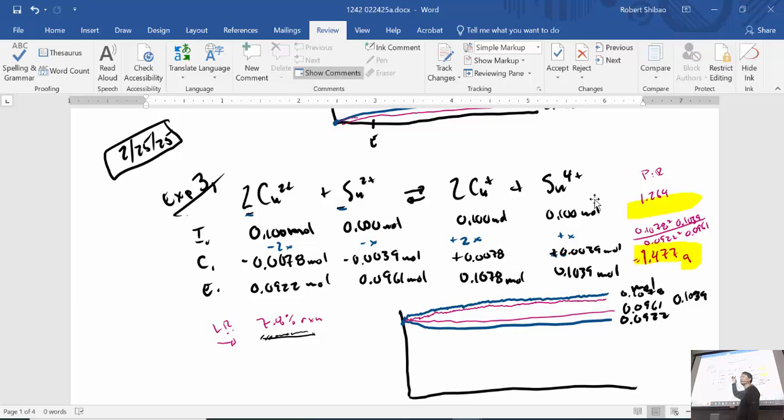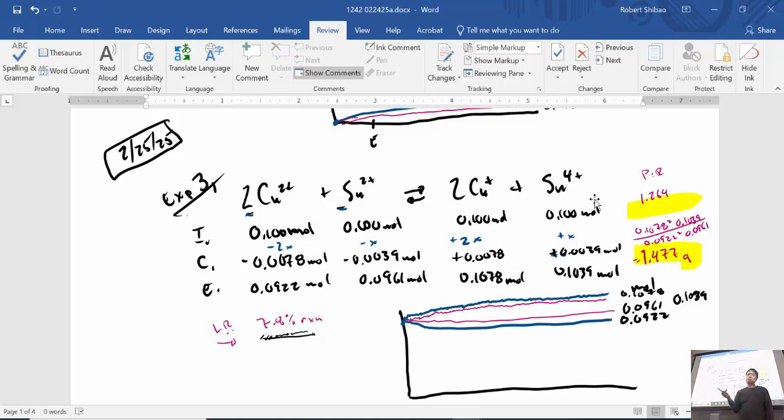But now I have equal amounts of everything. So which way do I go? Well, it just so happened I went forward, but can you say with certainty that all these are going to go forward? No, you can't say that with certainty. The only way I knew that this went forward is because I knew what happened at the end. What happened at the end was I lost some reactant and I gained some product.